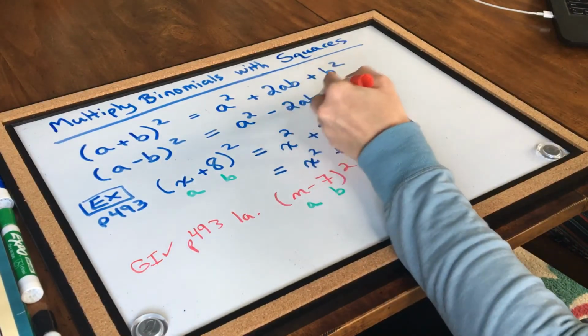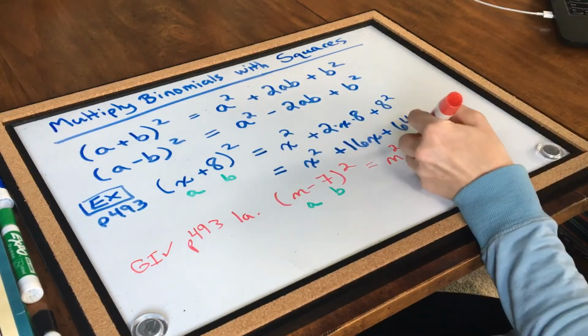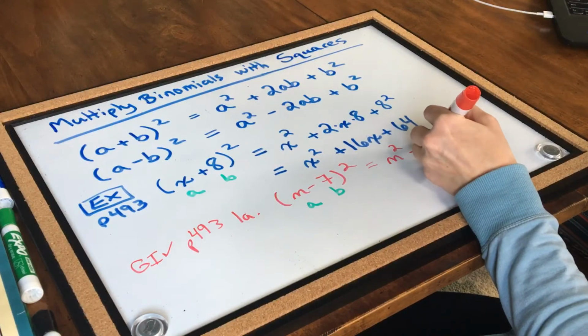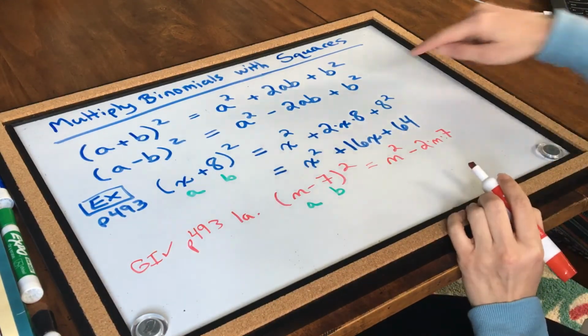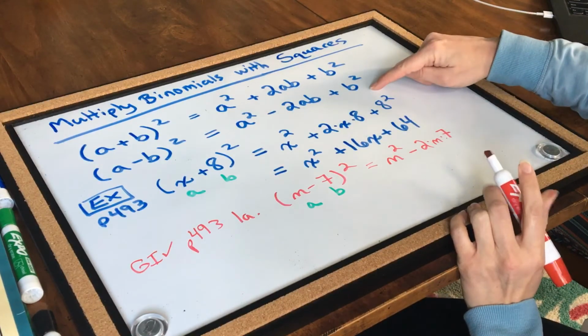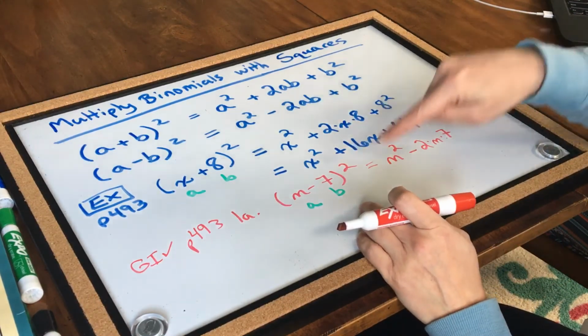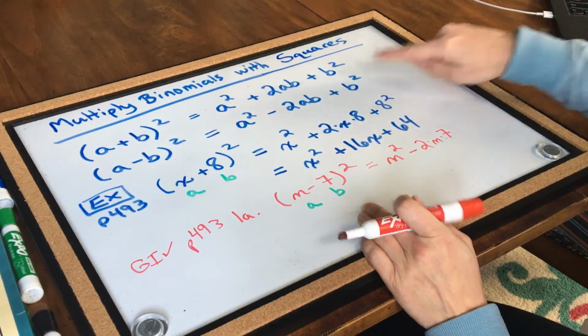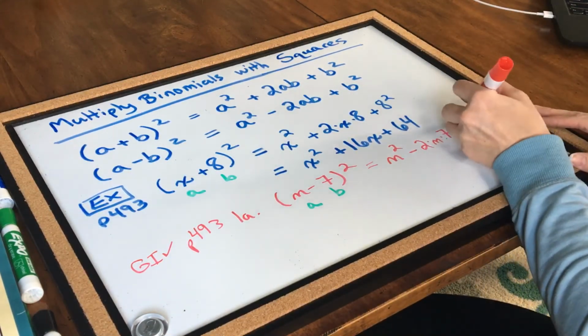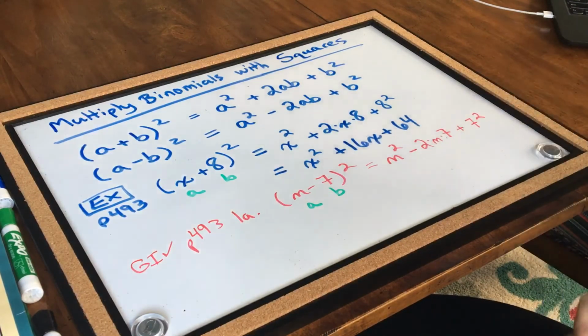Next, I have minus 2ab, so this would be minus 2 times n times 7. And last but not least, I have plus b squared. Be careful here, because we're not subtracting b squared, we're adding b squared. So this would be plus 7 squared.